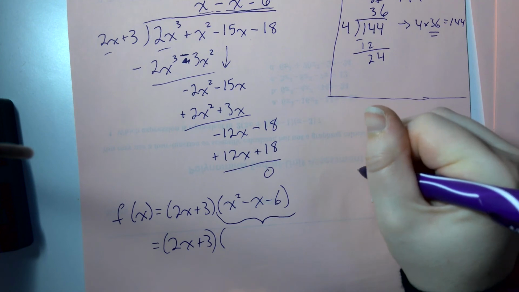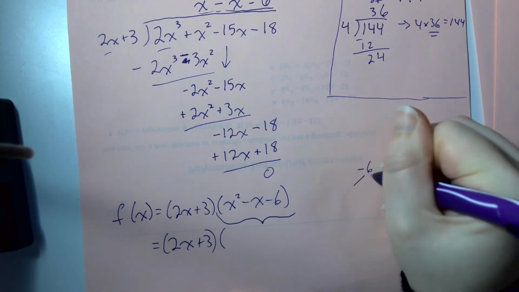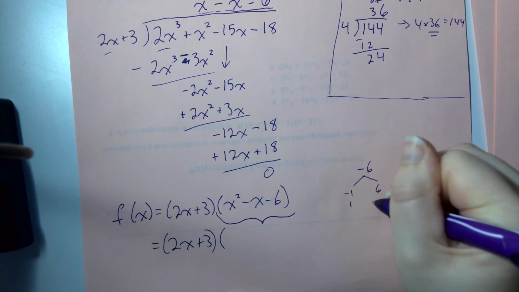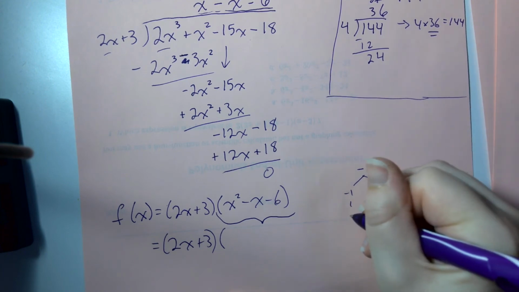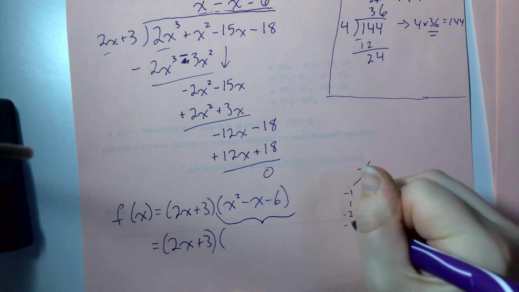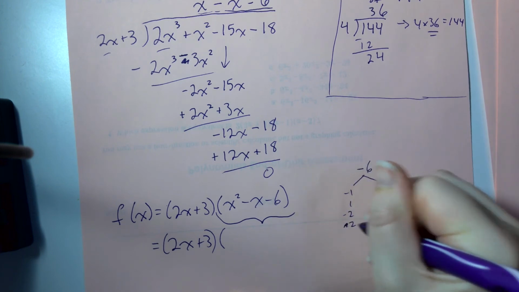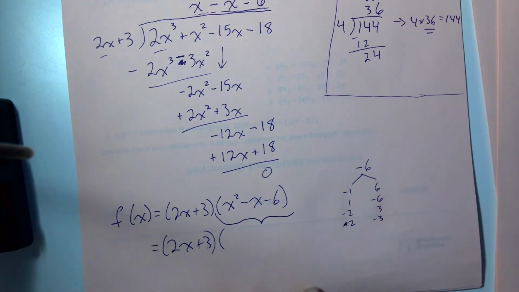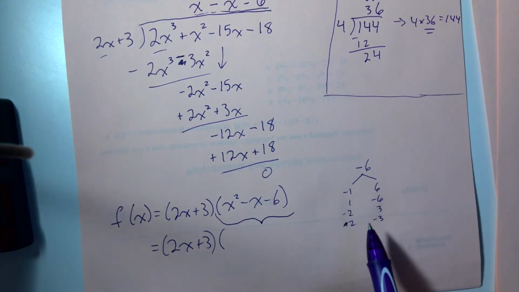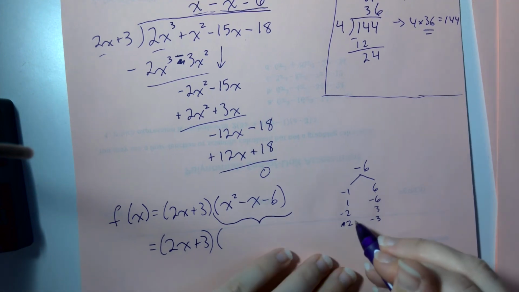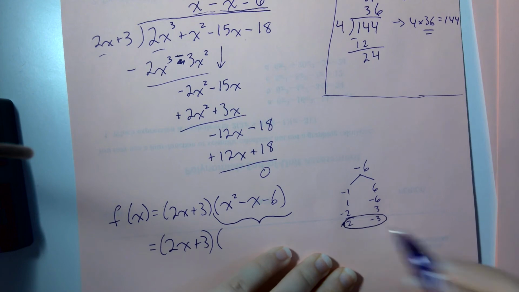So we can write out the factors of negative 6. We can have negative 1 and 6, or 1 and negative 6, or negative 2 and 3, or positive 2 and negative 3. Which of those pairs is going to add up to negative 1? It's going to be the positive 2 and the negative 3.